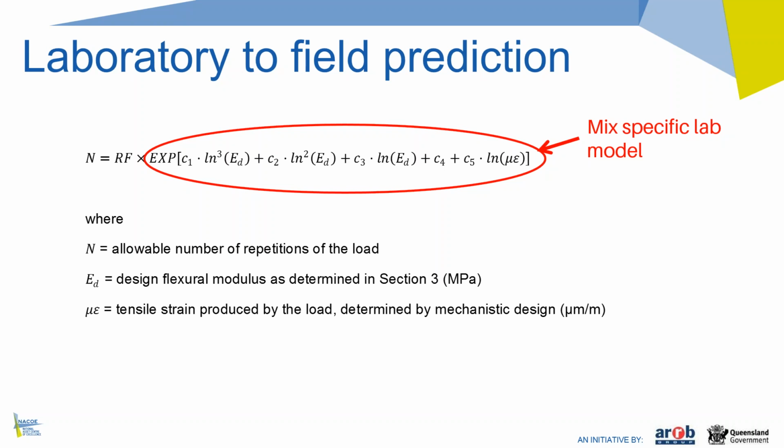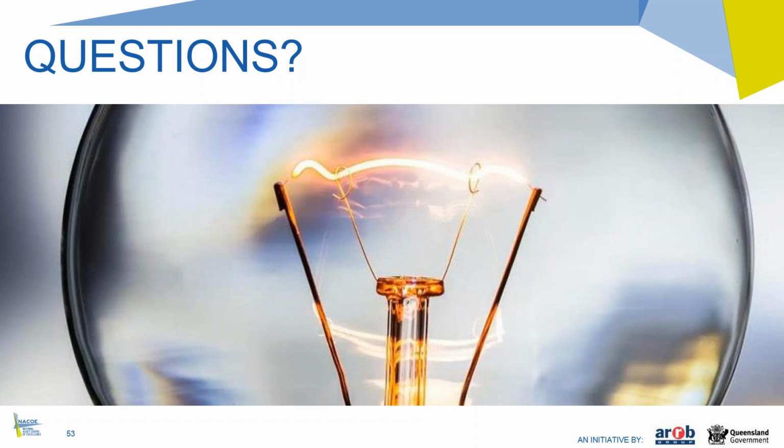So basically what we're doing here is replacing the Shell general laboratory model with a mix-specific fatigue model, and to make the shift from laboratory to field, we use the same reliability factor as is currently in Ostro's. The only difference is that we have changed the laboratory performance from the general model to a mix-specific one. So that's it from me today.